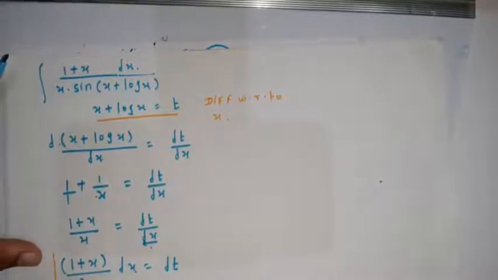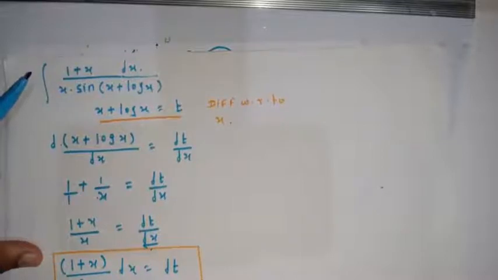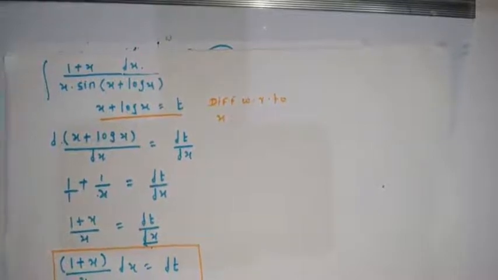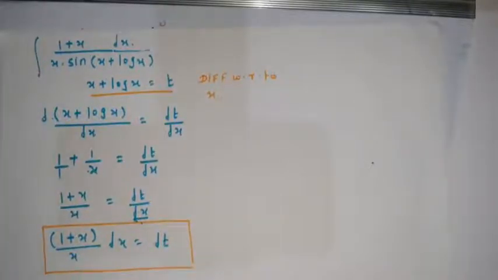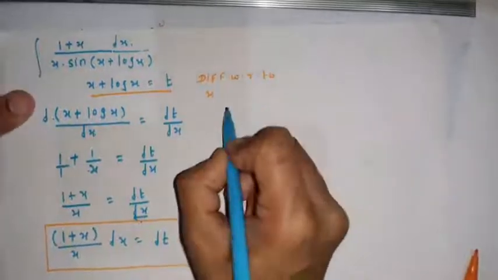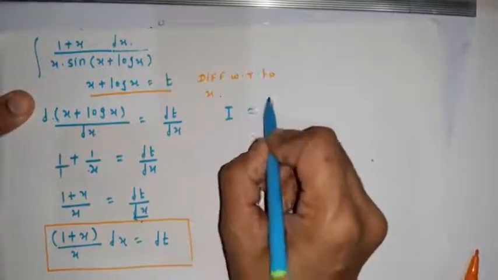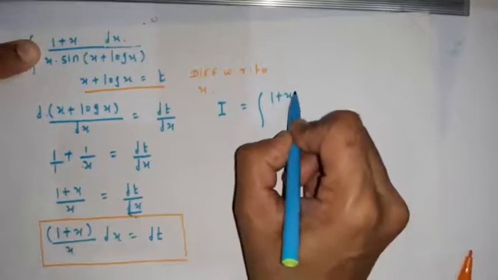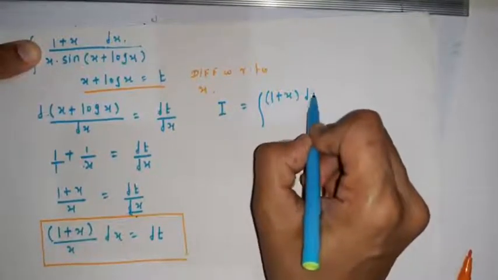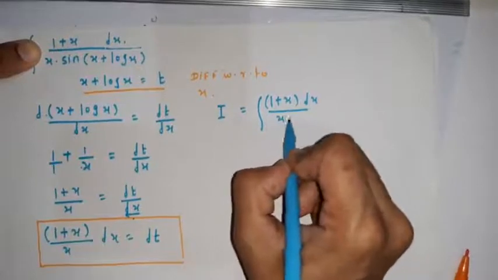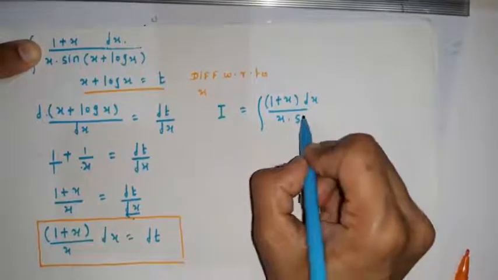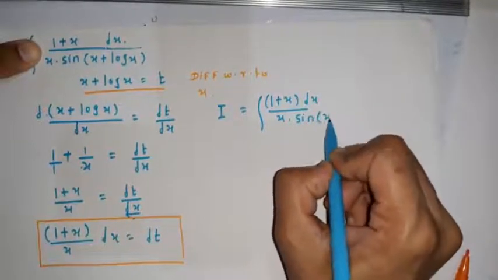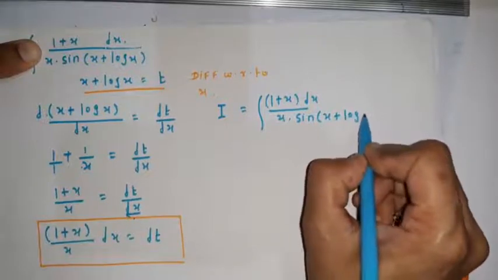Okay students, now let us solve the problem. The problem is: integral I equals the integration of (1 + x) with respect to x upon x into sine of (x + log x).